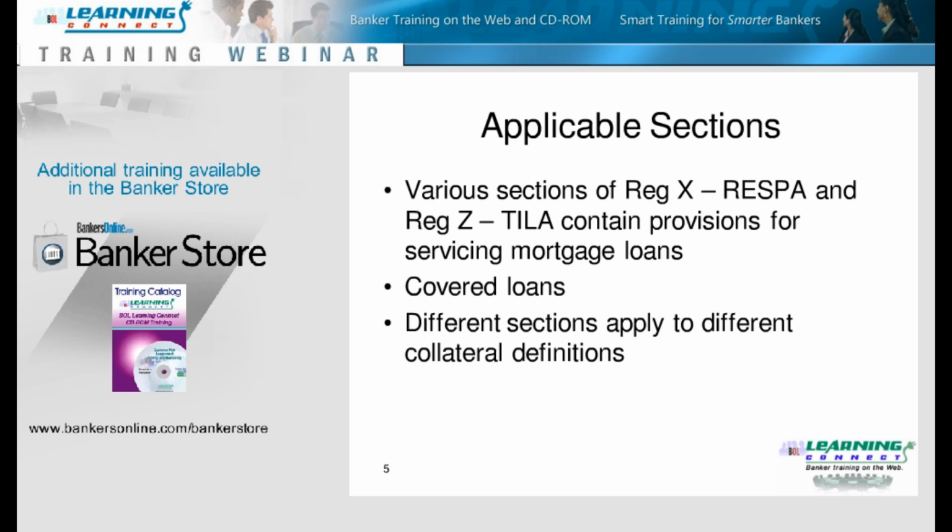So any citation that you see within the materials that is to 1024, 1026, you should understand it to mean that that's within Title 12 of the Code of Federal Regulations. 1024 is the RESPA Reg X. 1026 is Reg Z, which implements Truth in Lending.